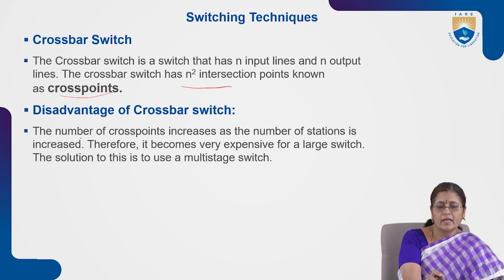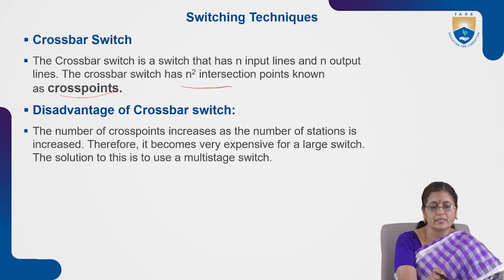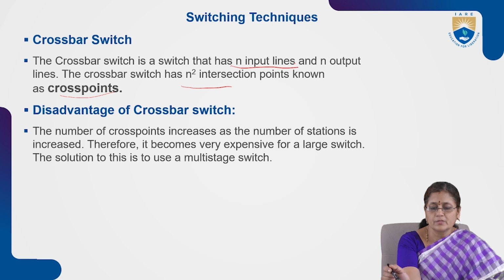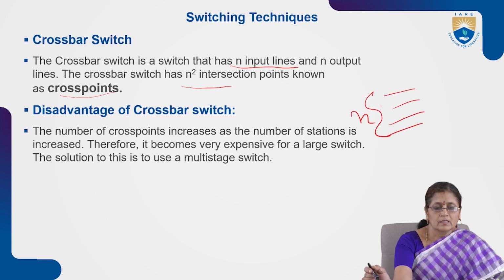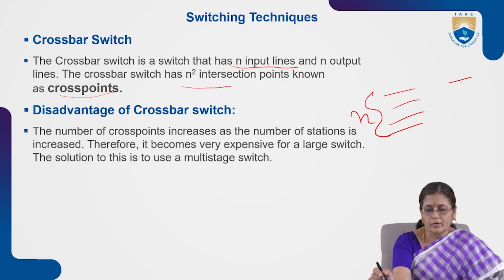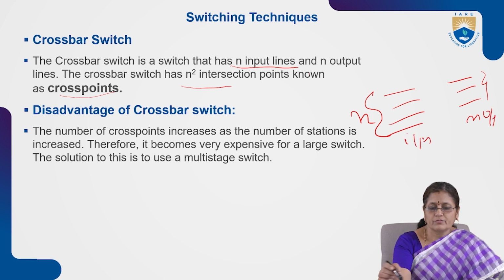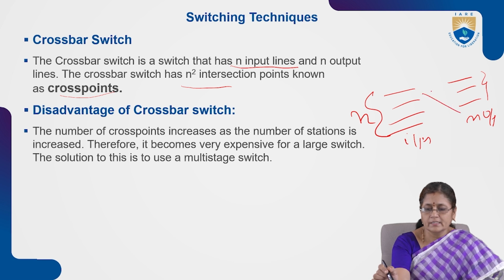If the crossbar switch has n input lines, it has n output lines, and this forms n square intersection points, known as crosspoints.